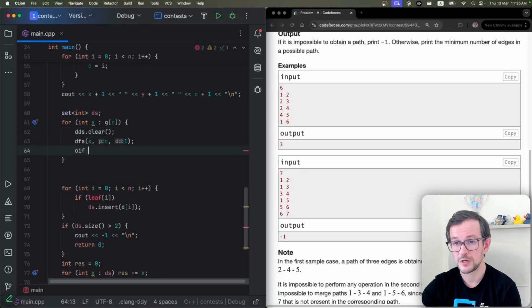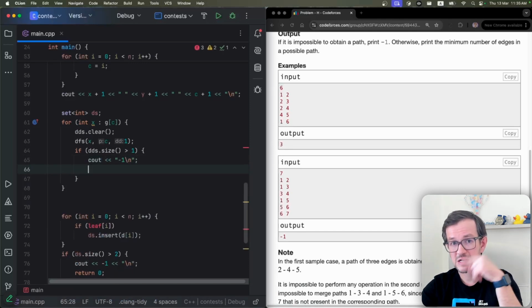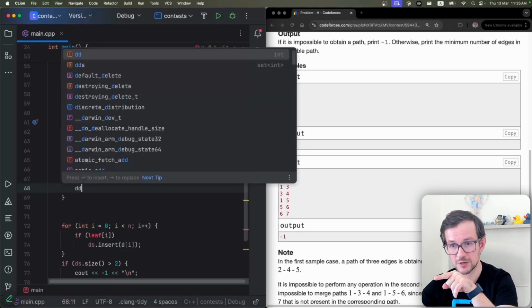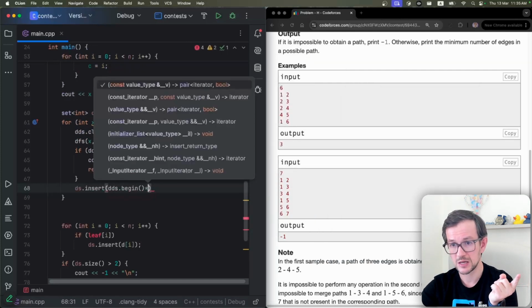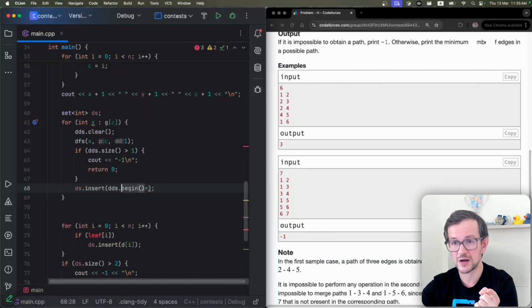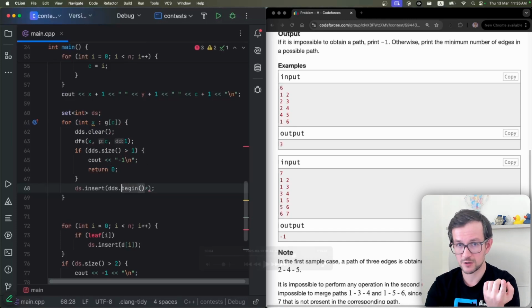So here I will take the set DDS, clear it first, then call DFS. DFS will find all the leaves and put all the distances to all the leaves in this set DDS. Then in the end, I will check if I have more than one distance, then it's already incorrect.